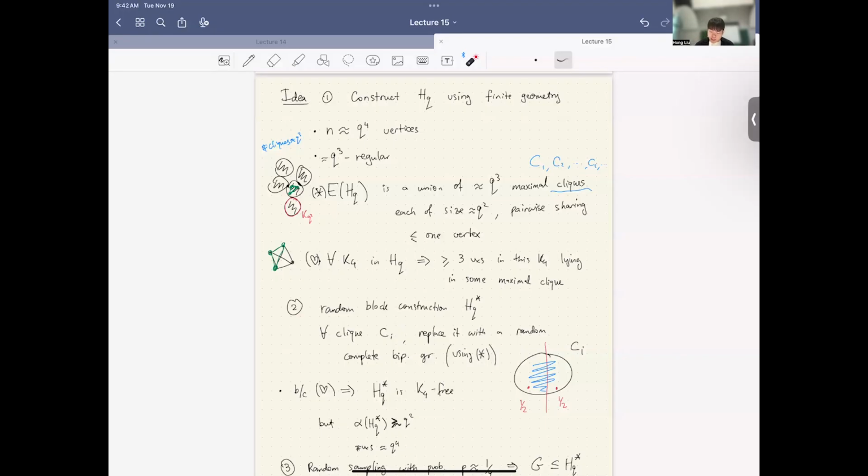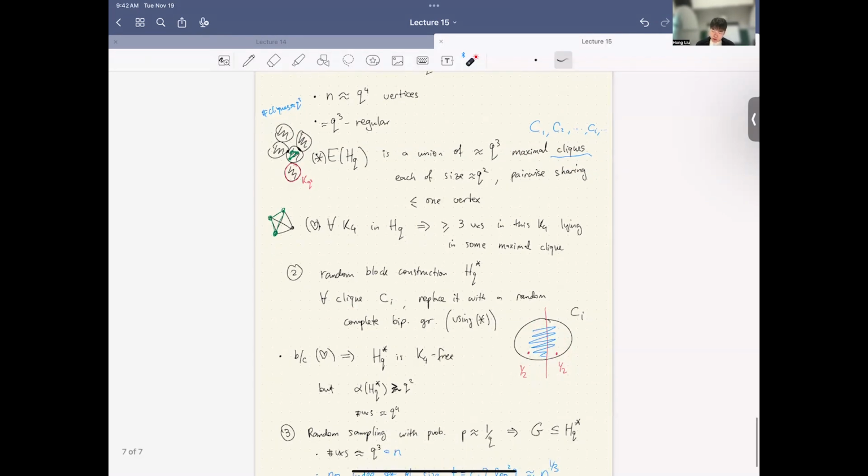So we replace every clique Ci here by a random complete bipartite graph. You just throw vertices on each side with probability 1/2, and put edges in between. Good. So let's call this graph HQ star. This is the random block construction. So HQ star is K4 free. We have the first property.